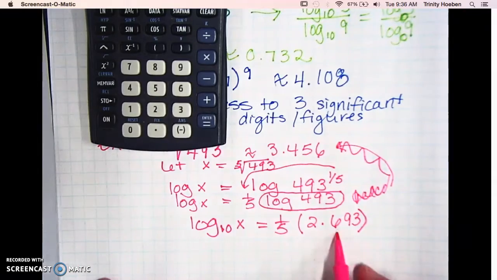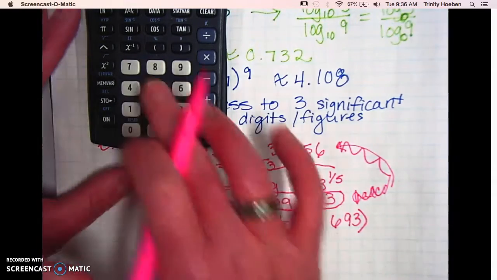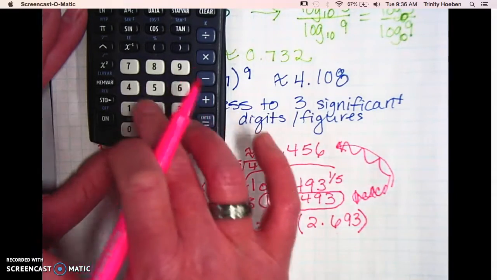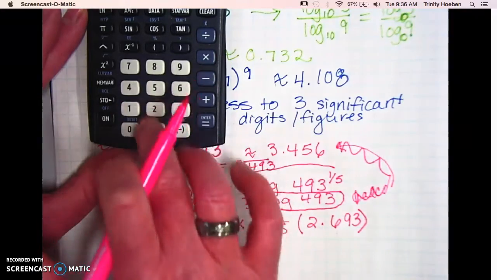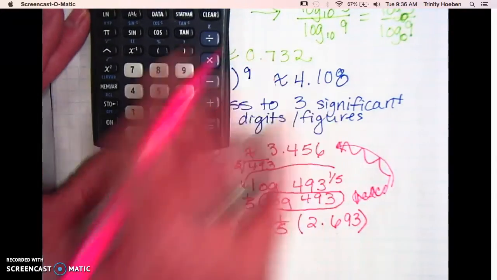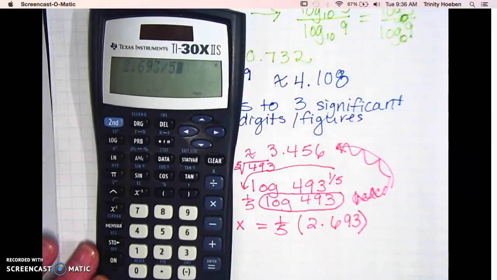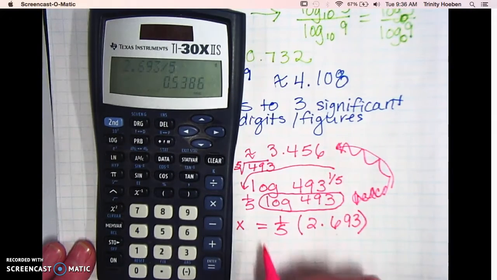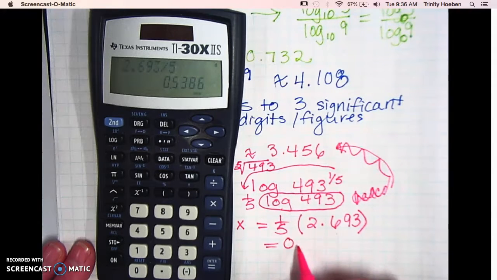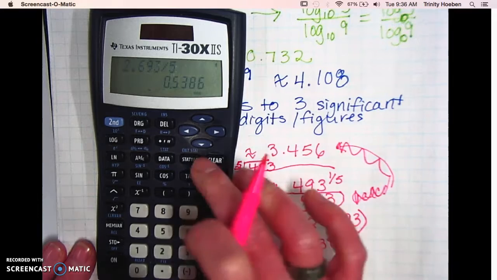And then if we divide that number by 5, we're going to have 1/5 of 2.693. So divide it by 5. Hit the equal sign, and we get 0.5386. We'll go with that.